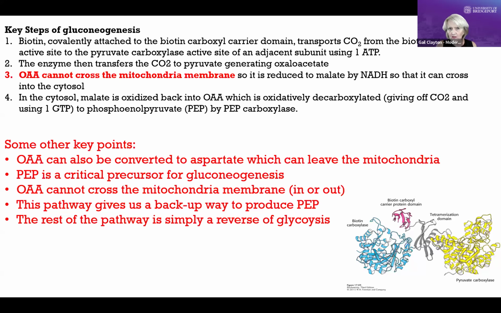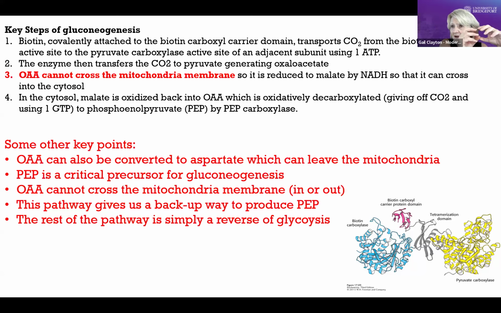Now, the key steps that I want you to remember: step one, biotin is covalently attached to the carboxyl carrier with lysine, okay? And it transports CO2 from the biotin carboxylase active site to the pyruvate carboxylase active site of an adjacent subunit using 1 ATP. So basically, we're putting CO2 onto pyruvate.